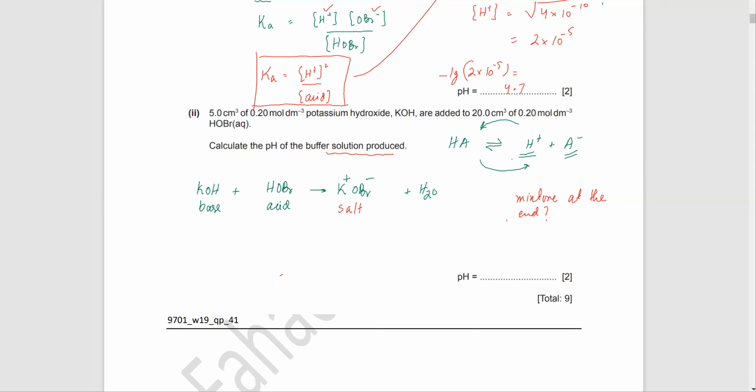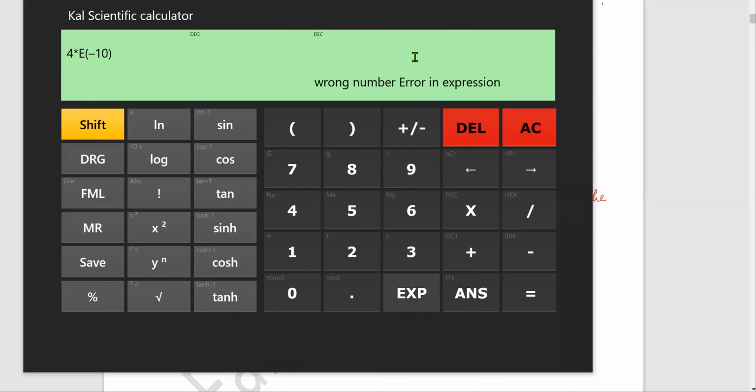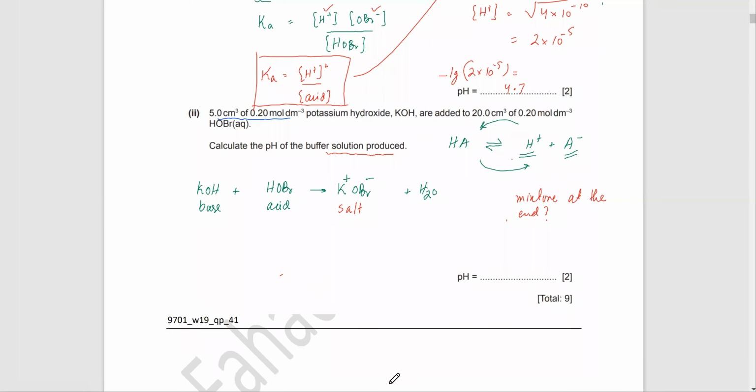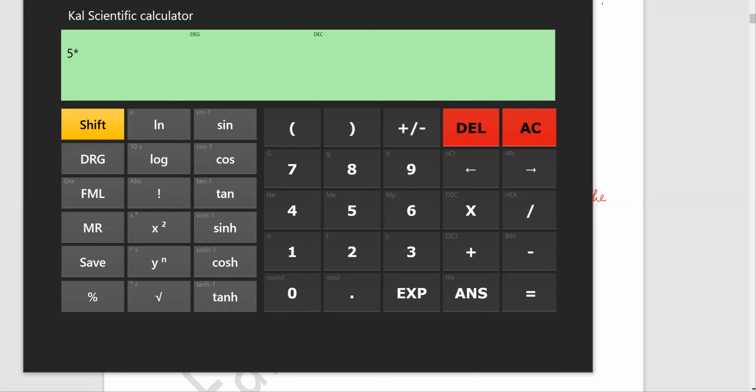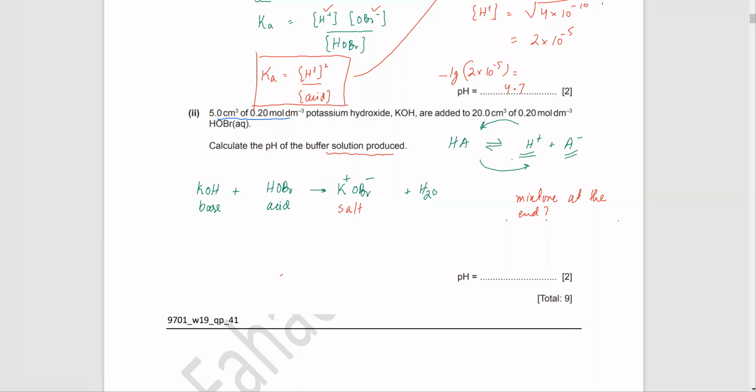Now for KOH, you have the volume and concentration, so you can find the moles of KOH, which is 5 times 0.2 divided by 1,000. N is equal to C into V. So it's 0.001 moles.